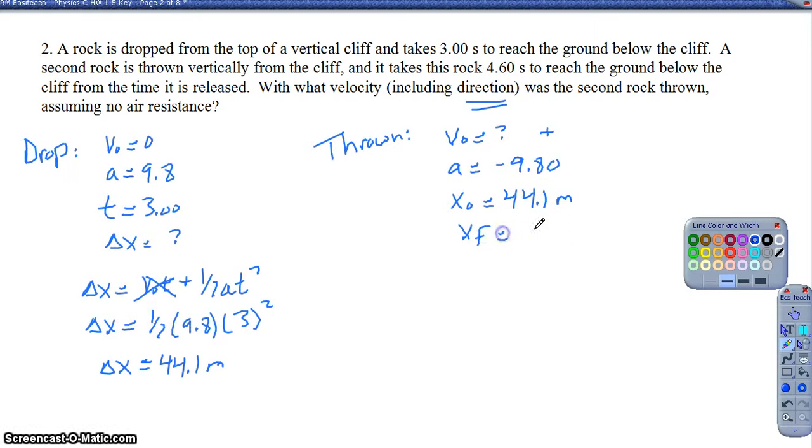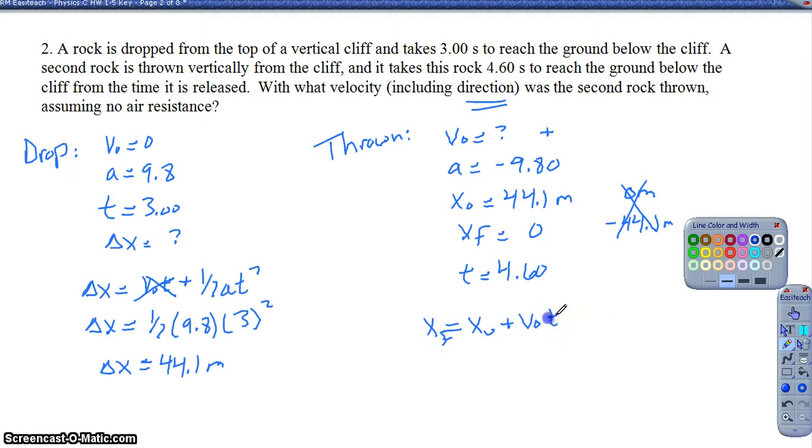My final height would be 0. The alternative would be to make the initial height 0, and then the final height would be negative 44.1, and it would be more or less the exact same equation. It's just already solved a different way. And then the time: they gave us the time to work with. Like I said, it's very similar to what we saw a couple times in the last homework assignment.